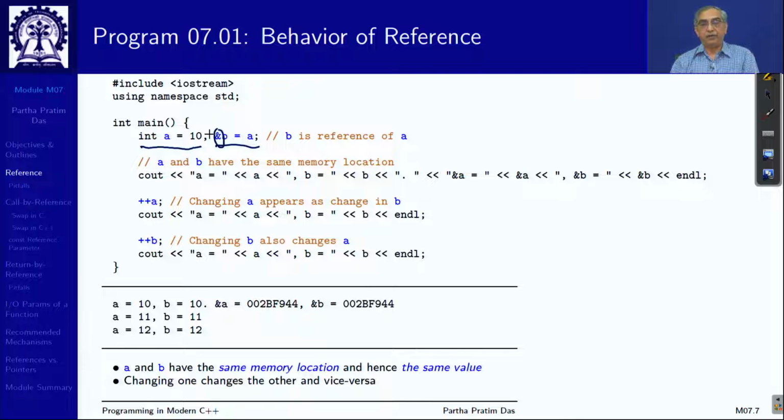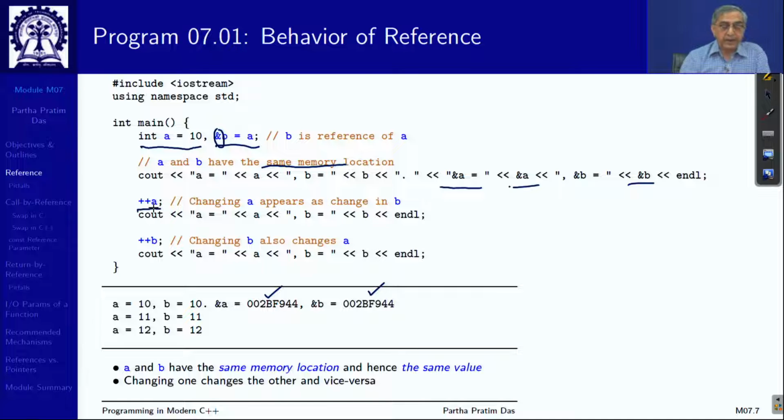So, b is a reference of a. a and b are necessarily the same variable, but two names of it, that is all. That is all the reference talks about. So, they necessarily have the same memory location. If I print the memory location of a and b, as you will see here, the values are identical and therefore, the values they print are also identical.